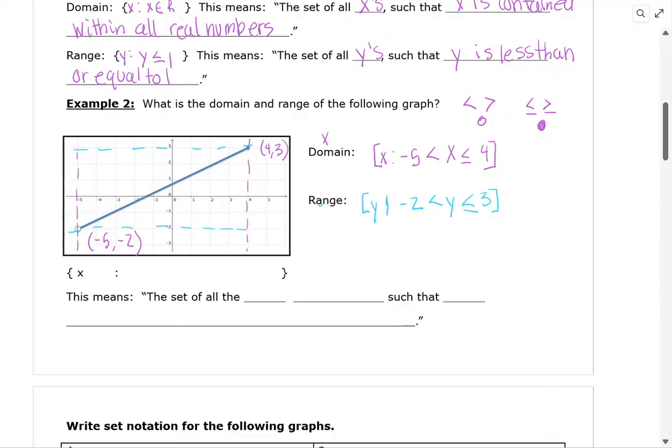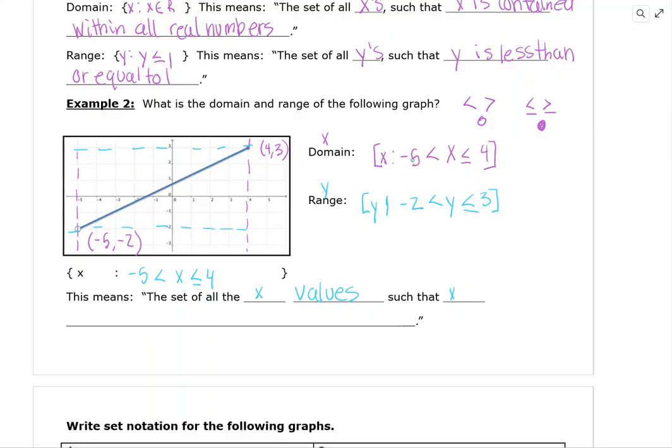So when we have this for our domains, it said x such that -5 is less than x or equal to 4. So this means that the set of all x values such that x is greater than -5 but less than or equal to 4.